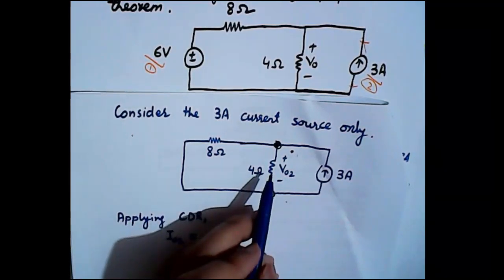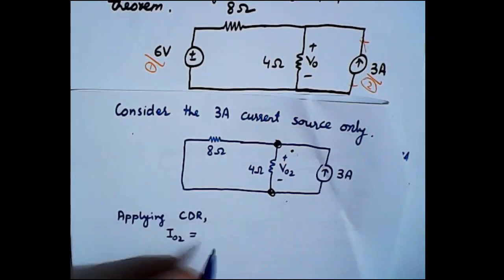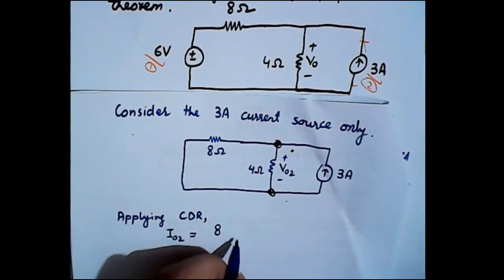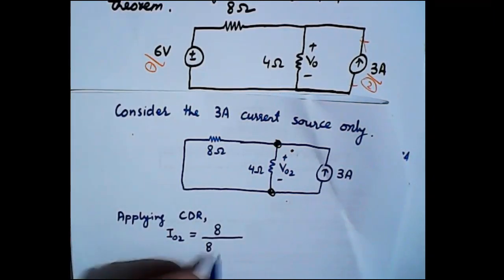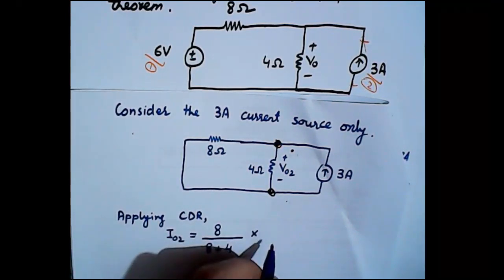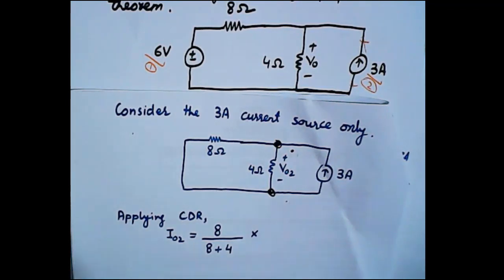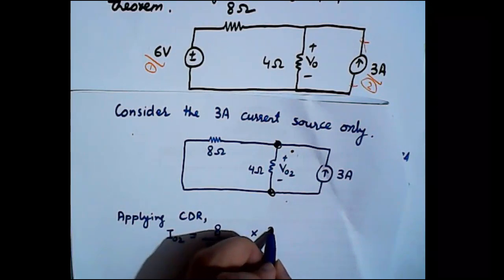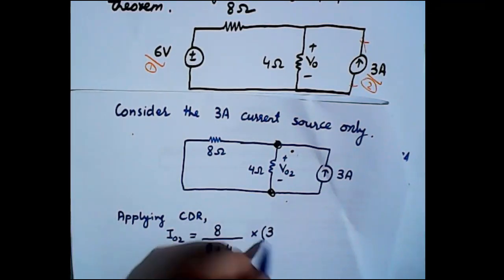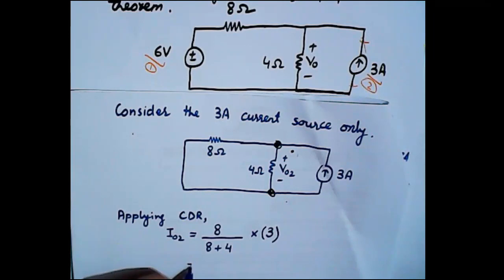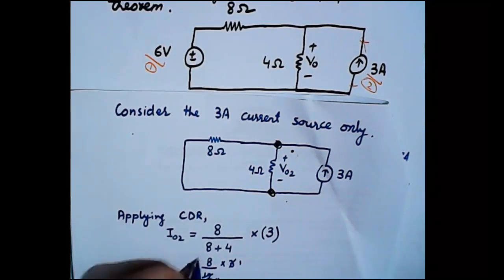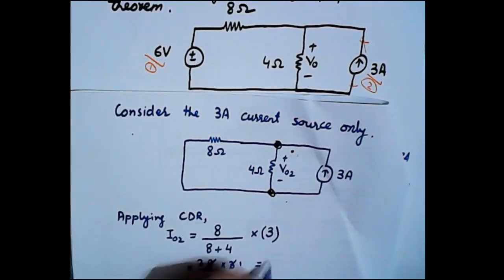Because in CDR the value of the opposite resistance comes in the numerator, that means 8 divided by 8 plus 4, multiplied by how much? 3, the total current. So that makes 8 over 12 multiplied by 3. 4 times 3 is 12, and it's 2. So it will give you 2 amperes.